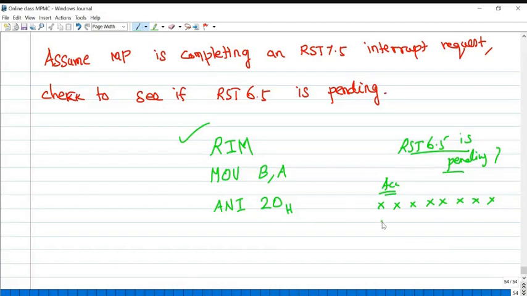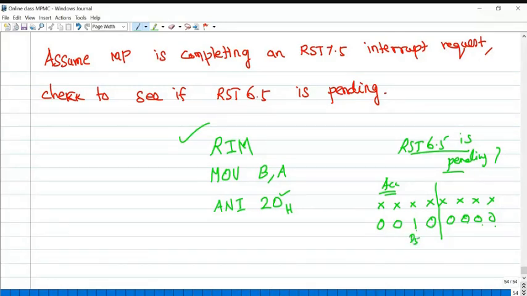What is 20? Its equivalent binary: 2 is 0010 and 0 is 0000, 4 bits for each digit. So D0, D1, D2, D3, D4, D5.